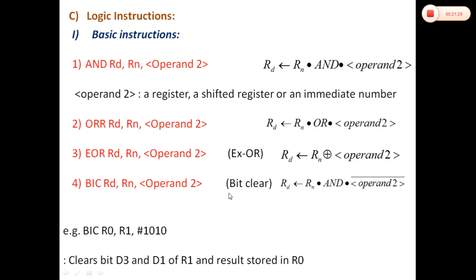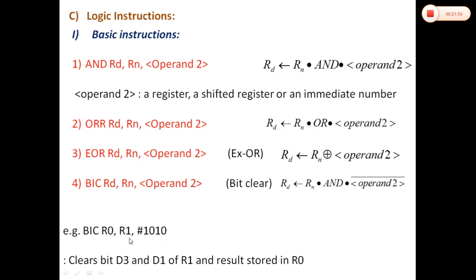This instruction internally works by performing this operation. It actually performs AND operation between Rn and complement of operand 2. See the example. For example, BIC R0, R1, #1010. This is the bit pattern as operand 2.